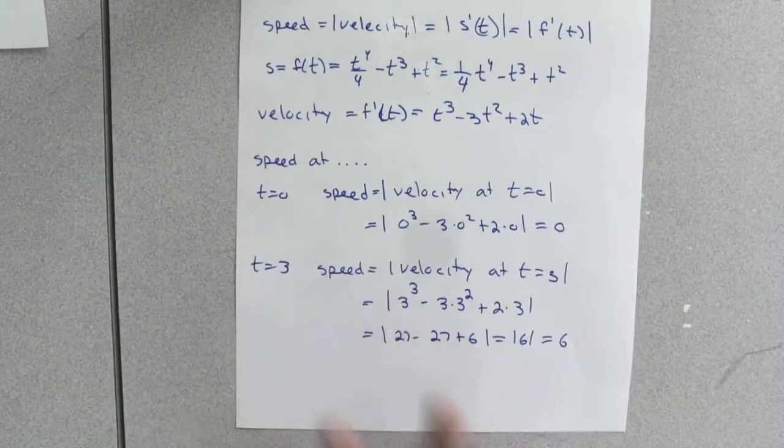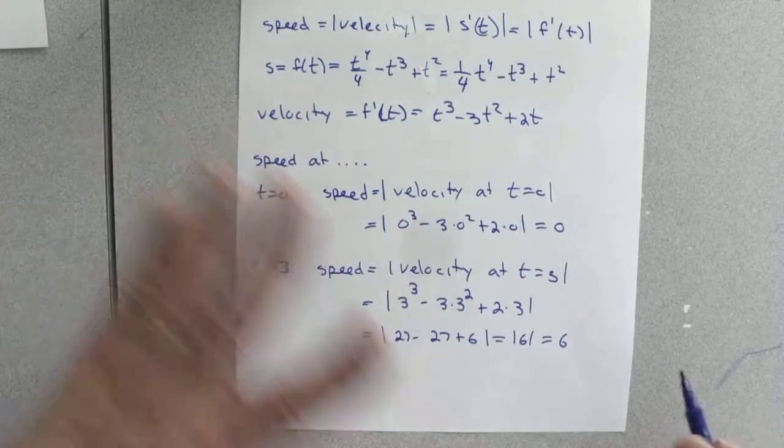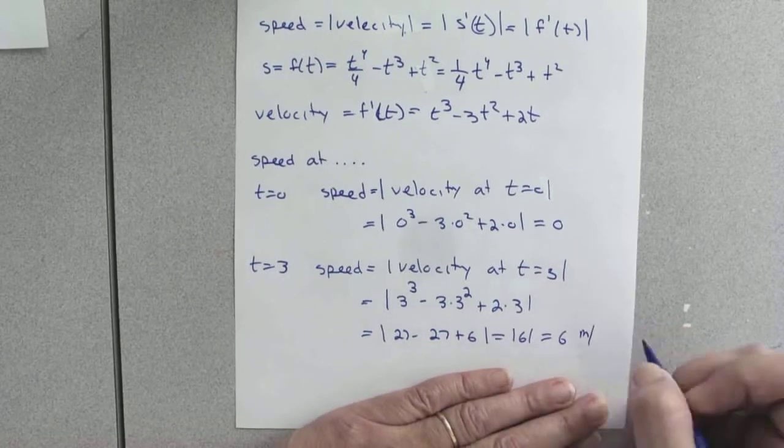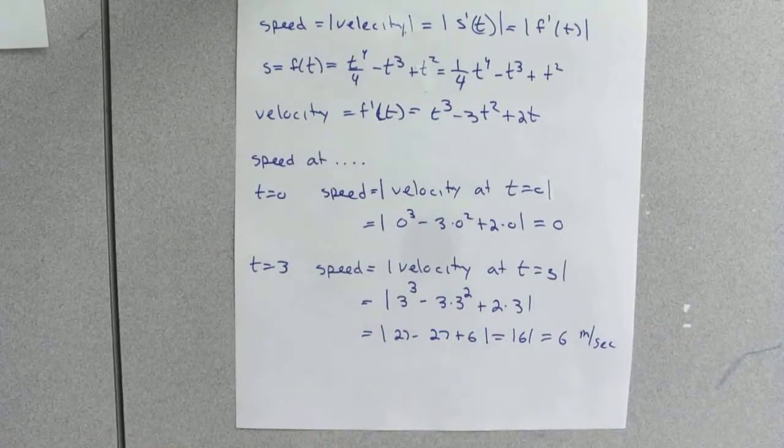I should have a better example where that actually comes out negative, but I don't have one, for which I apologize. That would be meters per second. Here the absolute value doesn't seem to play any role, but speed is the absolute value of velocity.